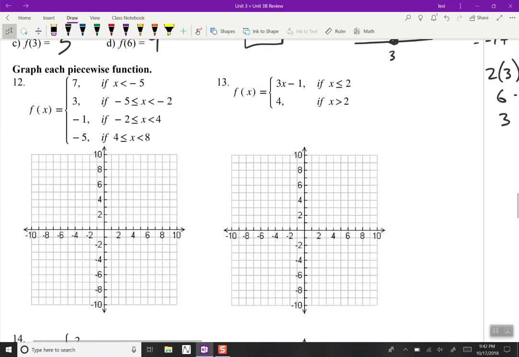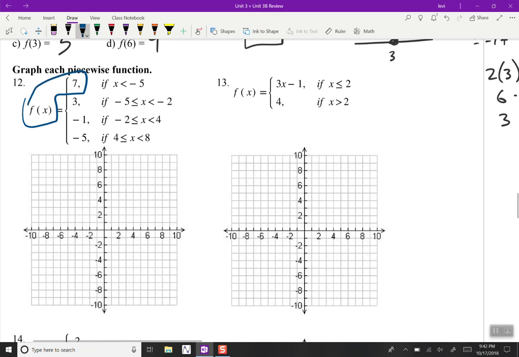12, graphing the piecewise functions. It's actually a step function here. So it's the same thing that we did at the very first problem here. Right, this first one says f of x equals 7, right? So that would be a horizontal line at 7, right?